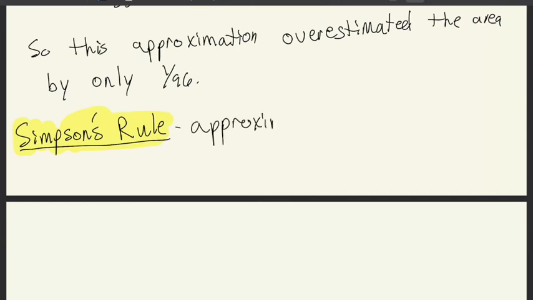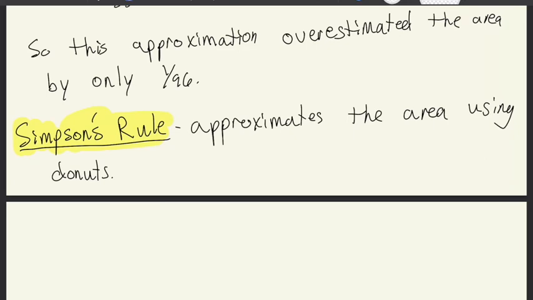So Simpson's rule approximates the area using donuts. Lol, JK. It doesn't actually use donuts. Using parabolas.